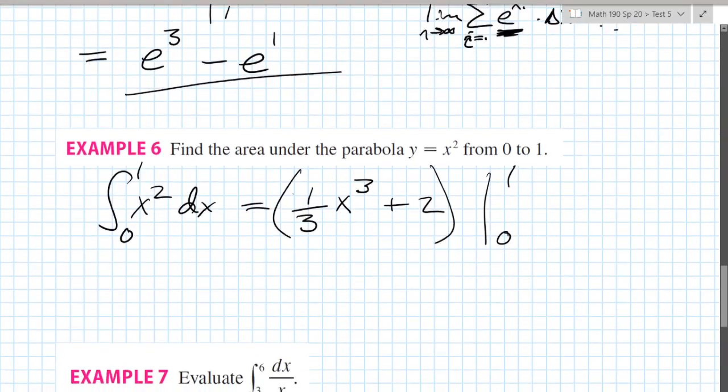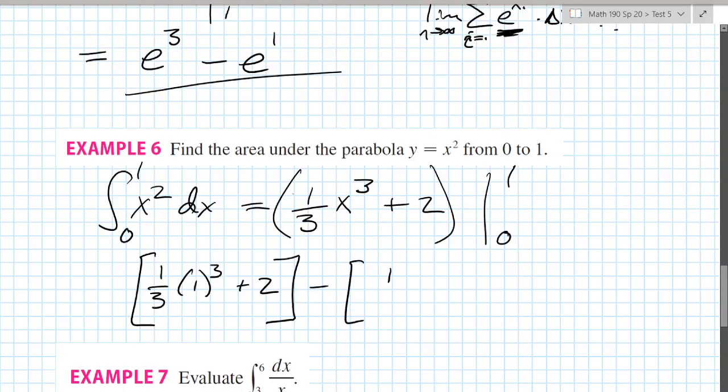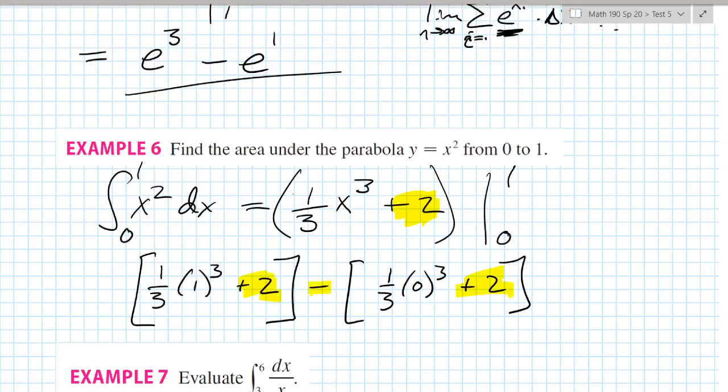The answer is yes, because if I were to look at this, I would take my 1/3 times 1 cubed plus 2. There's my capital F of 1 minus 1/3 0 cubed plus 2. There's my capital F of 0. Notice it doesn't matter if we have a number here because you're just going to cancel that number out. What is this number?